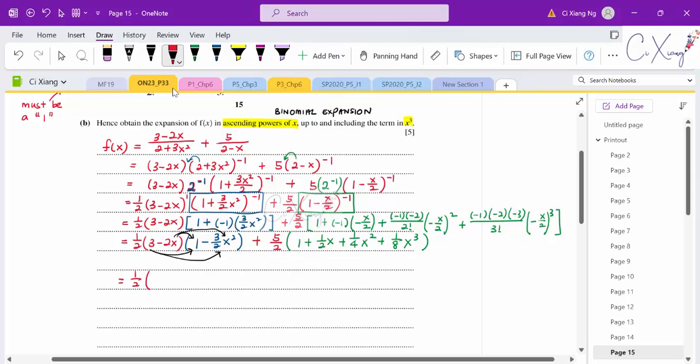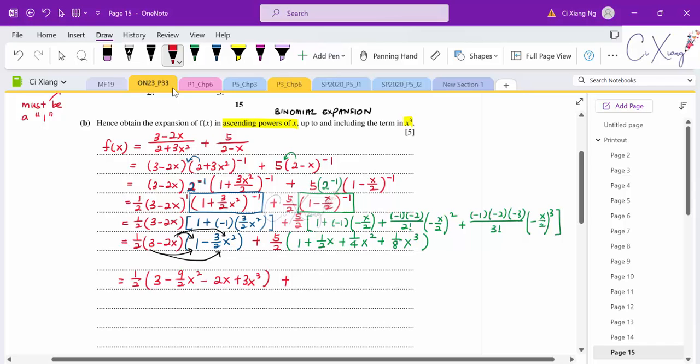If you expand it without doing any careless mistake, by right you're having 3, then minus 9 over 2x squared, then minus 2x, then plus 3x cubed. If you expand it correctly, by right this is what you should have.